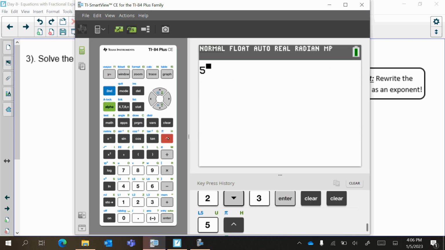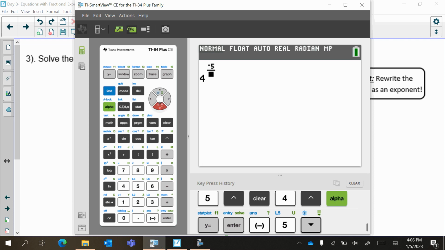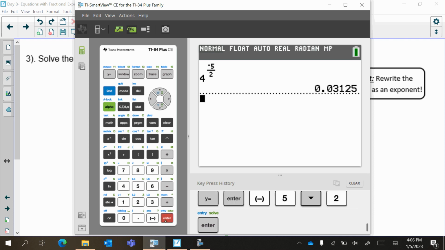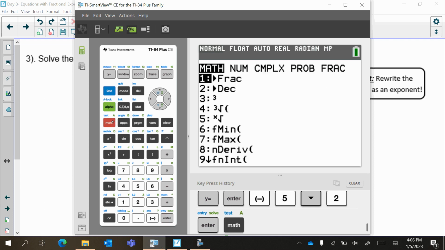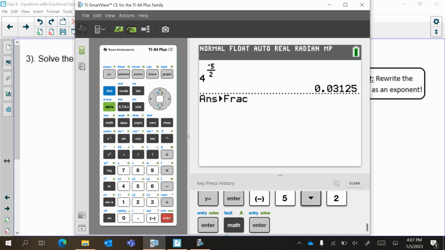We're going to have 4 to the, that was a 5, negative 5 halves. And it's not going to give you a nice answer because it's a fraction. But you can turn it into a fraction by hitting math and choosing fraction. It's 1/32.